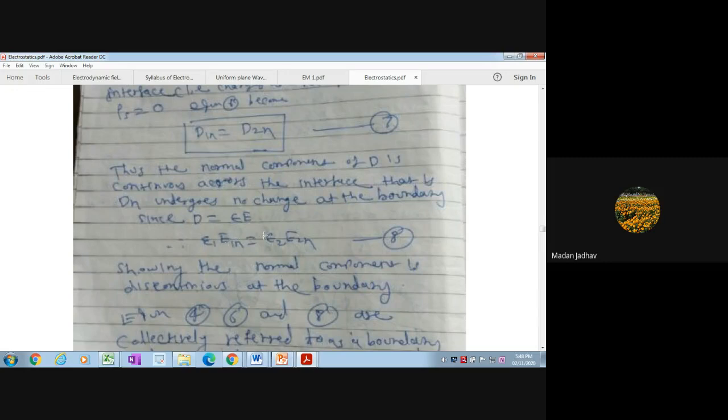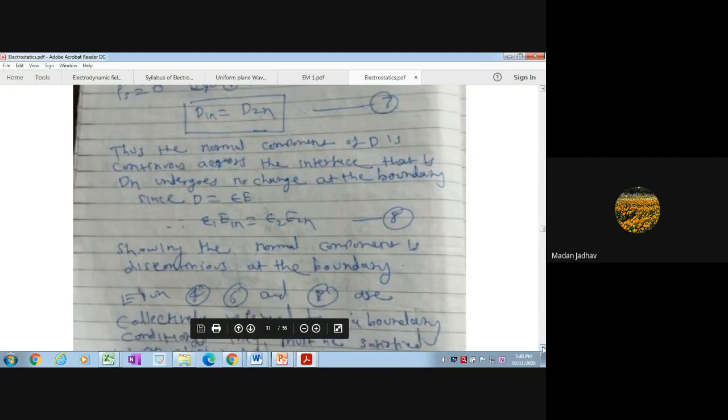Suppose the problem is given to you. E1n we have to identify first of all, and epsilon 1 and epsilon 2, that is the permittivity, are also given, and from that you can find E2n. In this way you can find the normal component of the electric field intensity in medium 2.